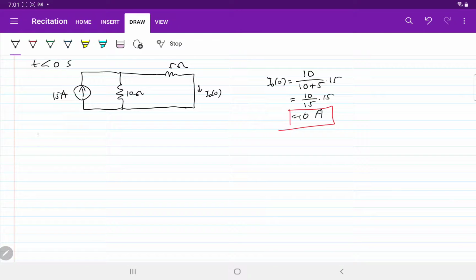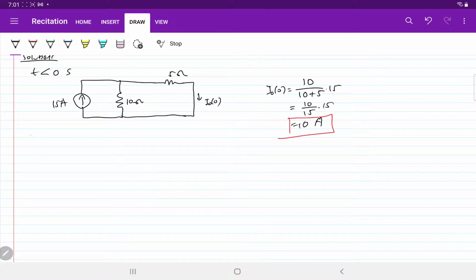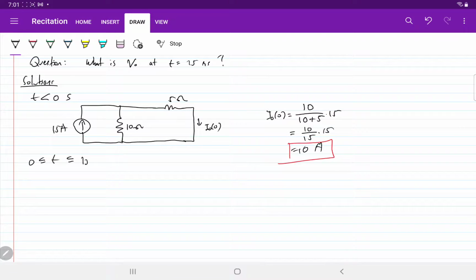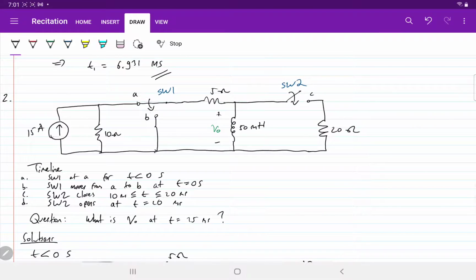I0 at 0. Next we have t from 0 to 10 milliseconds. Then the switch is closed.